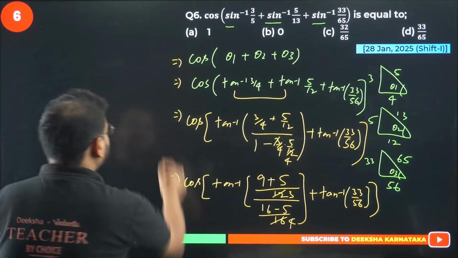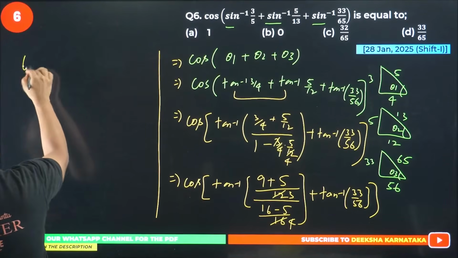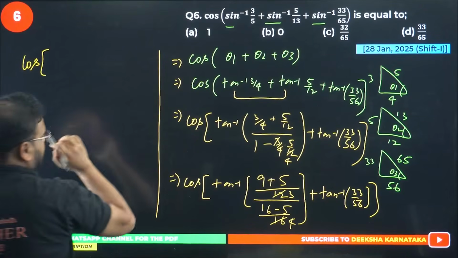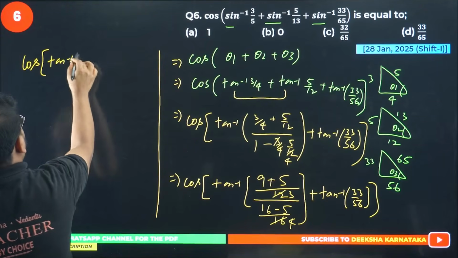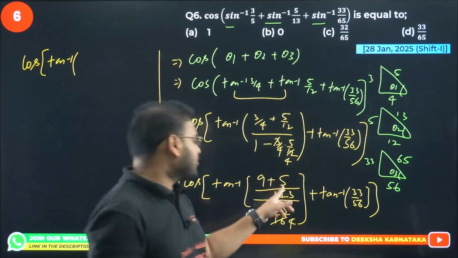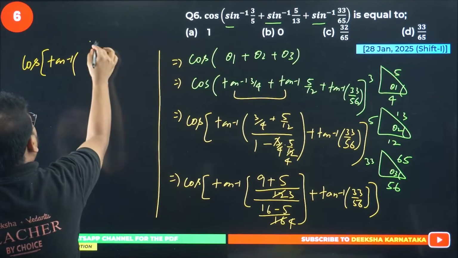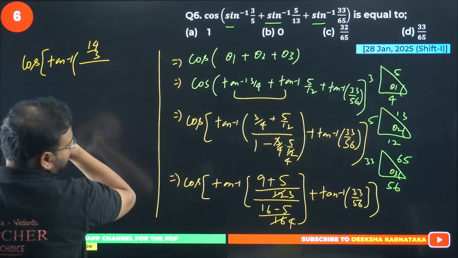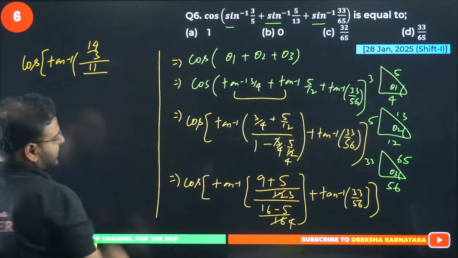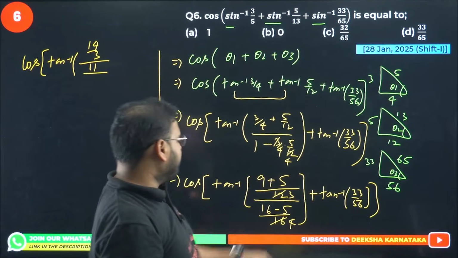Okay, simplify this now. Simplifying this, I get cos, I have tan inverse, correct? Cos tan inverse I have, 9 plus 5 is 14. So right here, 14 by 3 divided by 11 by 4.